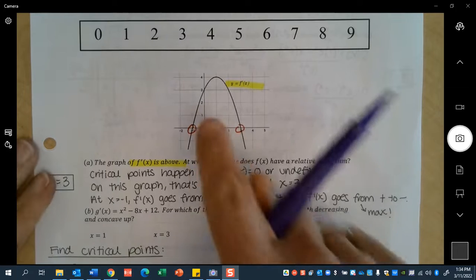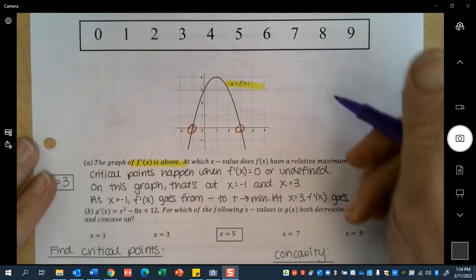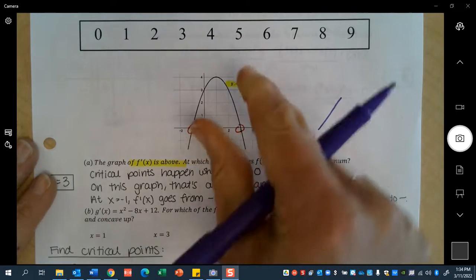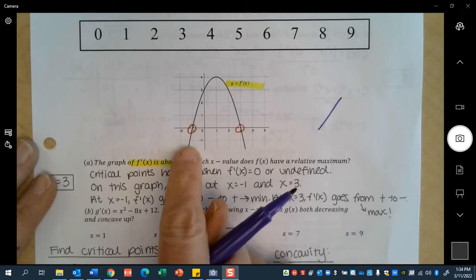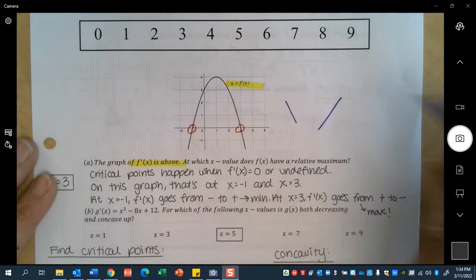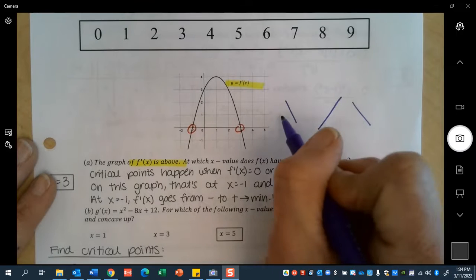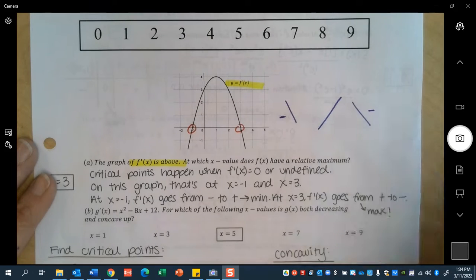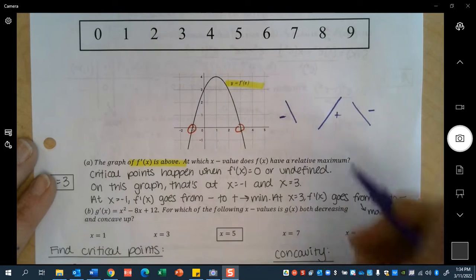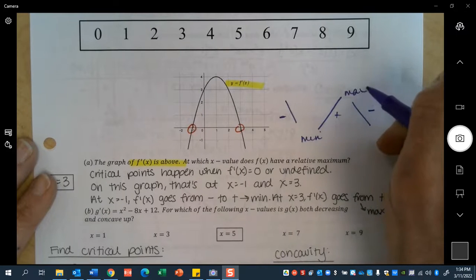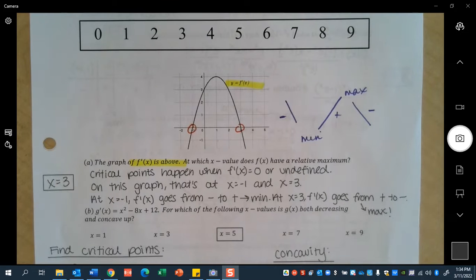Here, where my derivative is positive, my function is increasing. Here, where my derivative is negative, my function is decreasing. So if I have a negative derivative, then a positive derivative, then a negative derivative, that means this guy's a min and this guy's a max.